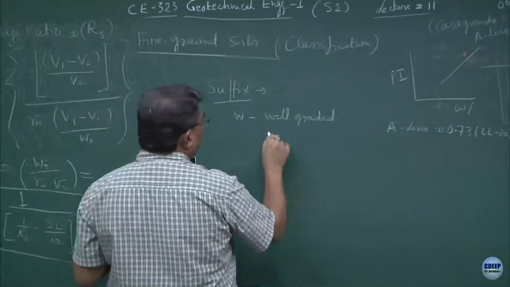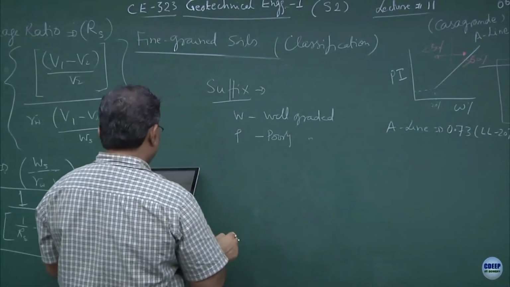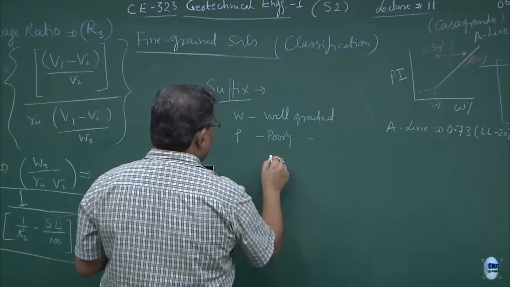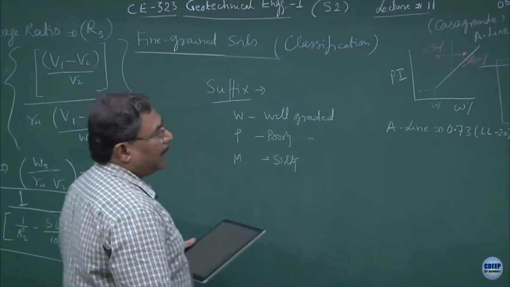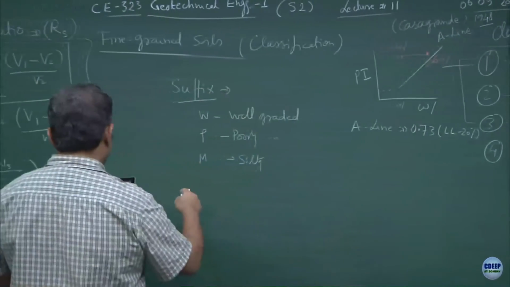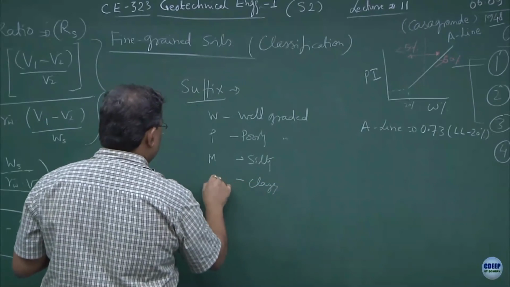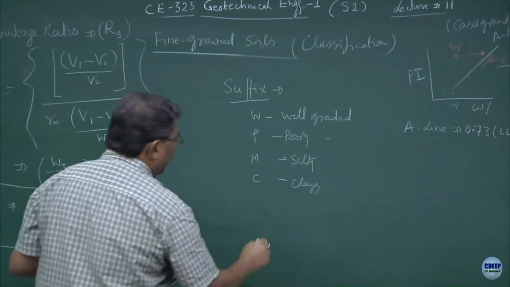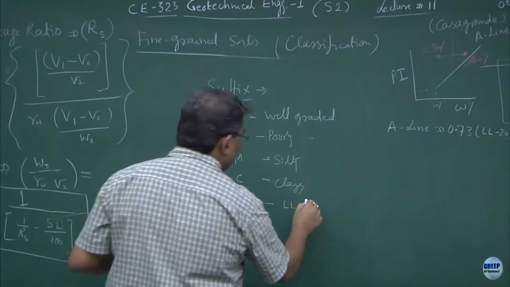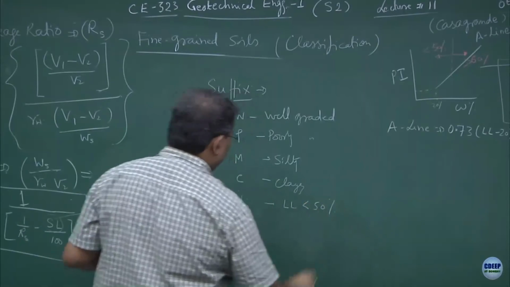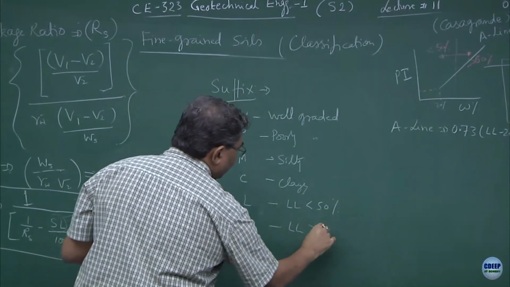Poorly graded material, we use P. For silty soil, we use M. So, M is for silt as well as for the silty material. For clay material, we use C. L is used for liquid limit which is less than 50%, and H is used for liquid limit which is more than 50%.